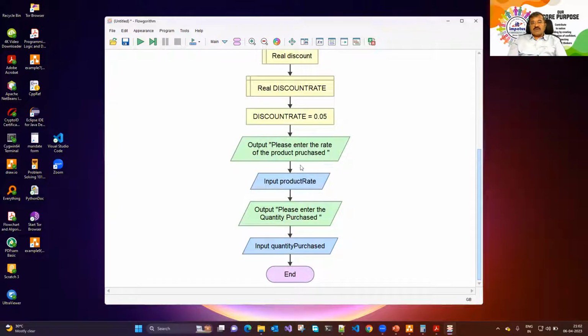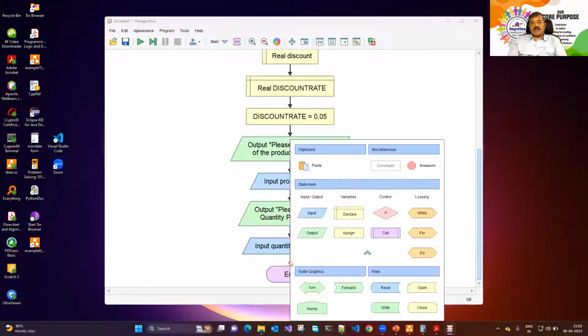Now we have got the inputs. We have the product rate, we have the quantity purchased. Now, if I want to calculate the gross bill amount, what is the formula that we can use? Quantity purchased into product rate.